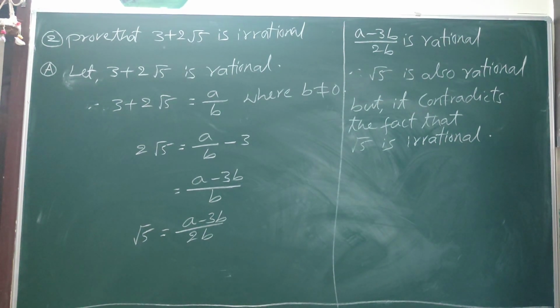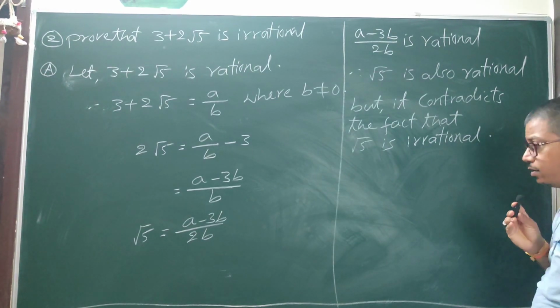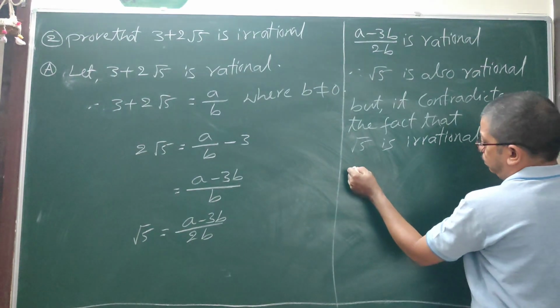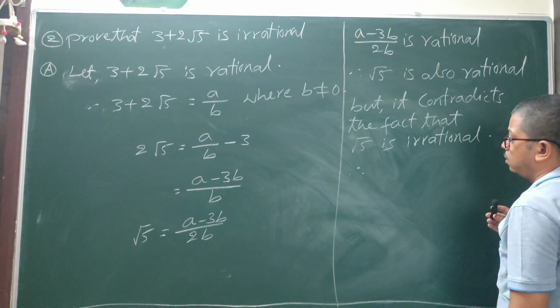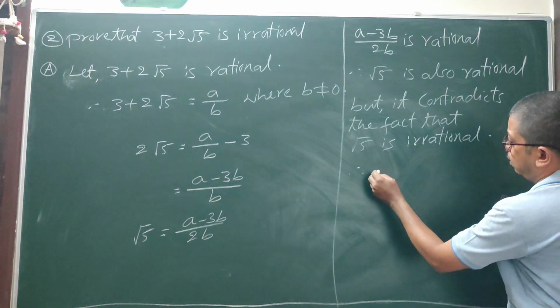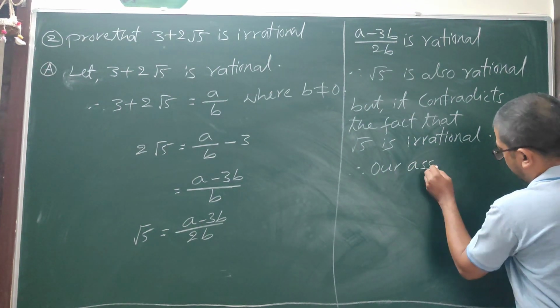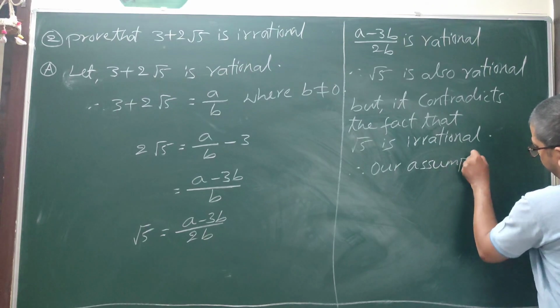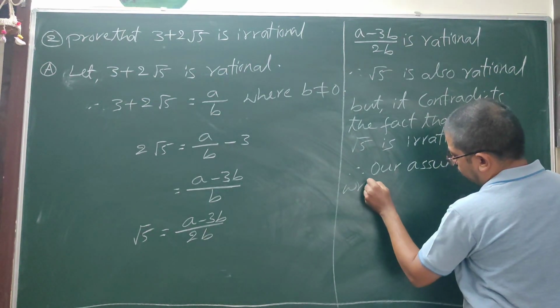So root 5 is already irrational from the definition of irrational numbers. Therefore, our assumption is wrong.